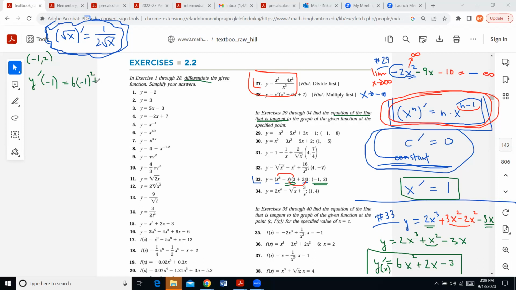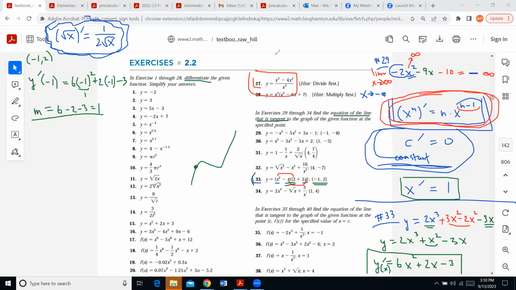I'm using this new freshly produced formula and plugging in the number because this is going to give us the slope. So it's 6 minus 2 and minus 3. It is 1. So it turns out the slope, remember we used to get the slope of the tangent line, and this is some kind of cubic parabola probably at the point -1.